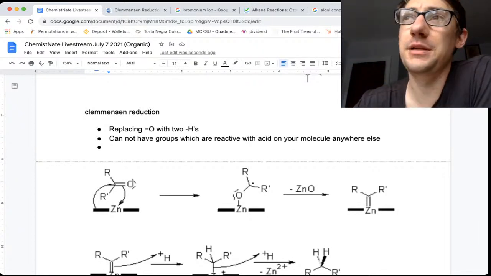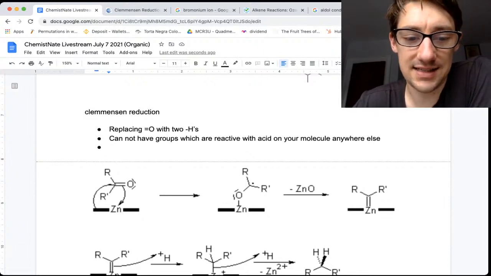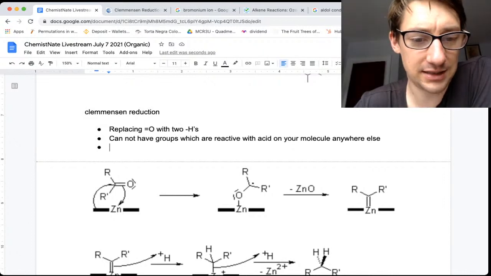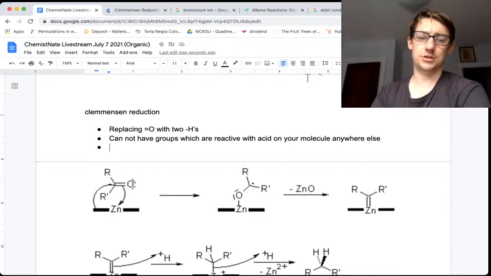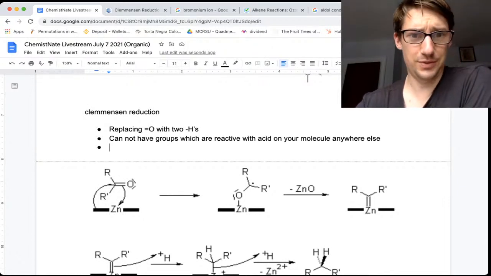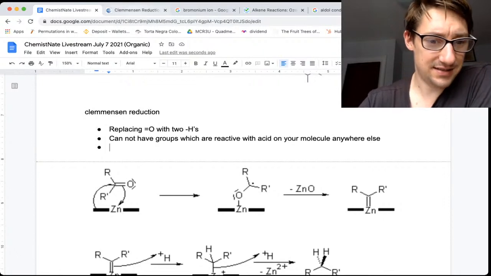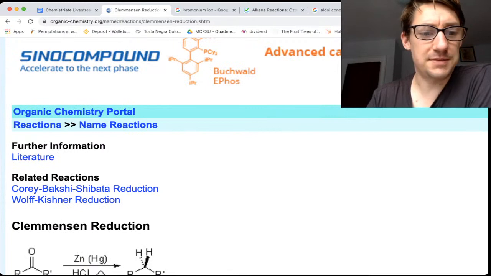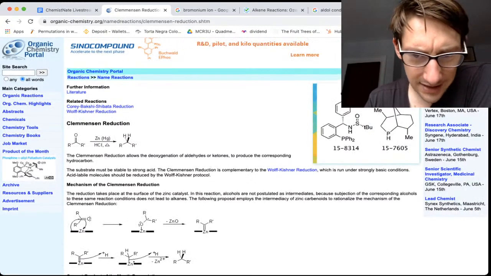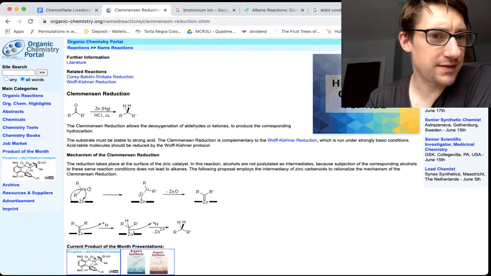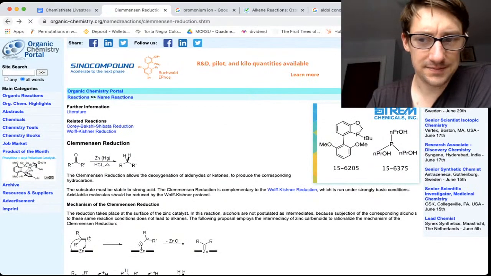I think I probably would have written that as this lone pair attacking the zinc and then the double bond breaking apart to replace the lone pair. I'm not confident there's an actual difference there. Oh, and then there's a radical? What? I'm skeptical. If there's a radical written there, they don't seem to think it's important enough to mention that.